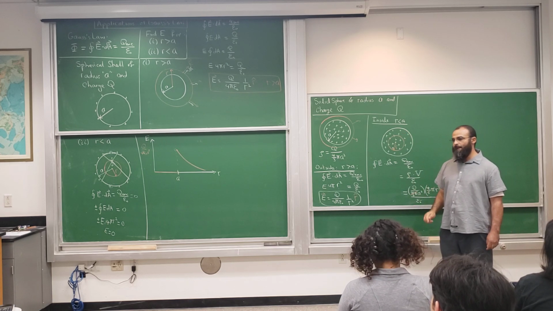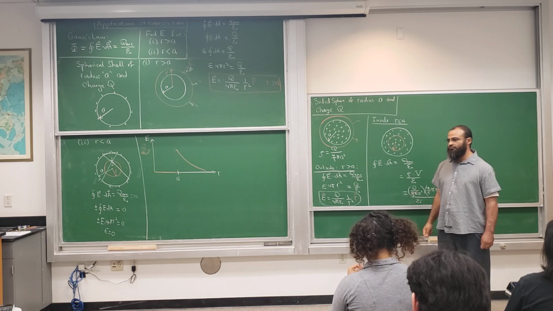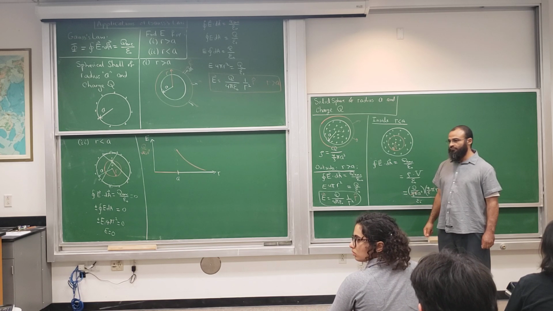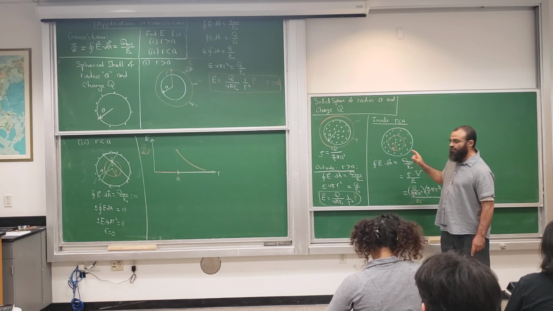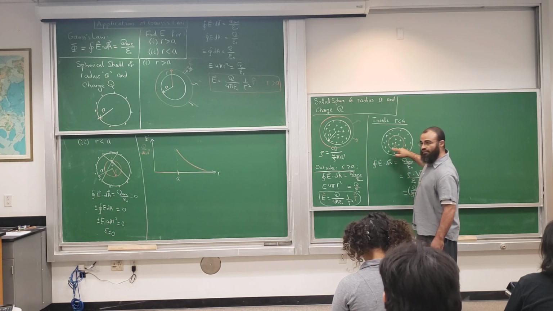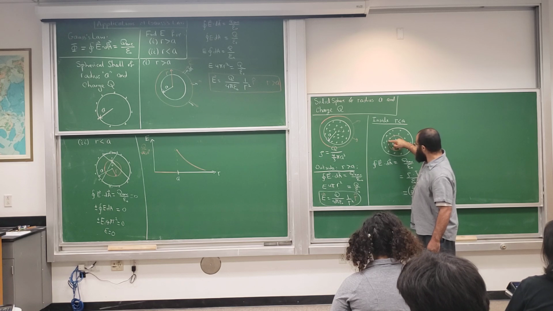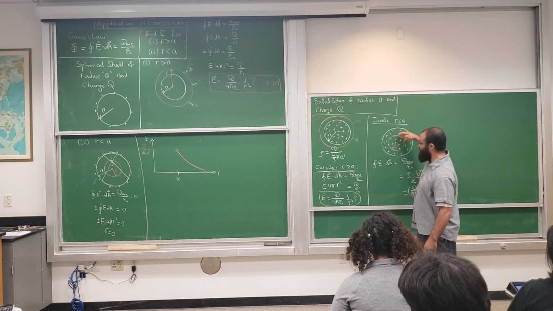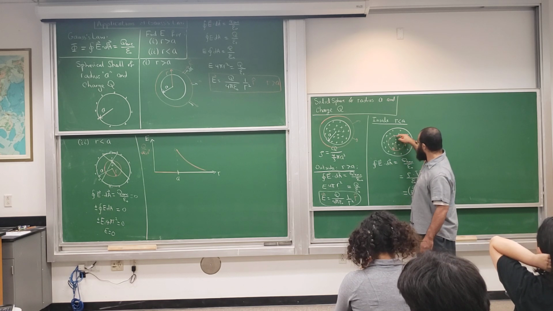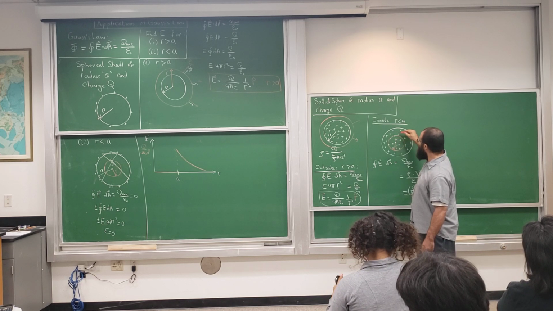Professor, if the electric field inside is zero, and we have Q on the outside, wouldn't it be going inward? These are positive charges, so the field goes away from them.